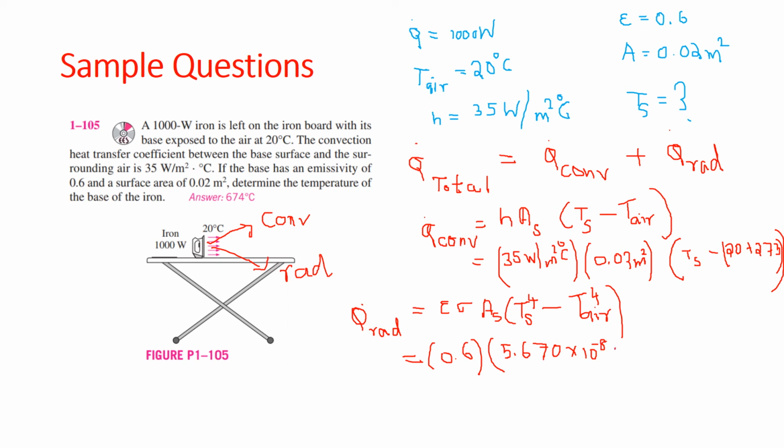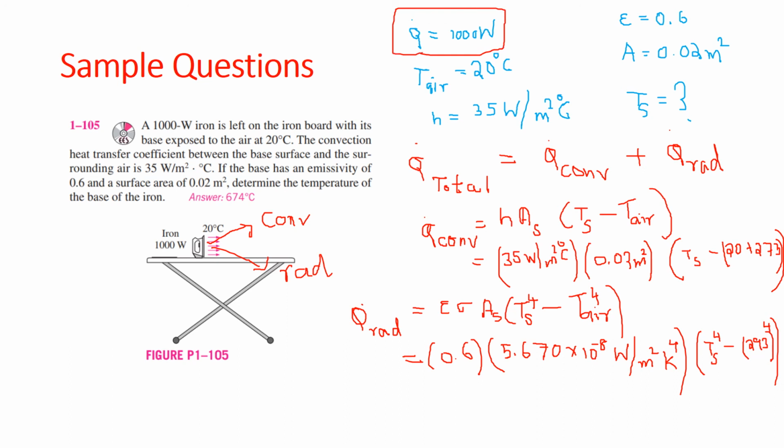It also has a unit, which is watt per meter square Kelvin to the power 4, and then Ts to the power 4 minus T air, which is 293 Kelvin, since 20 plus 273 gives 293, to the power 4. We also know Q total, which is 1000 watt.